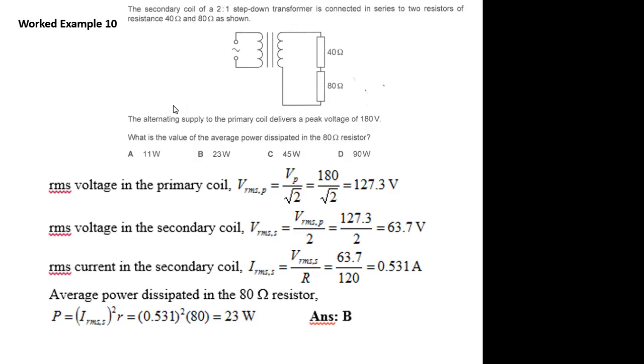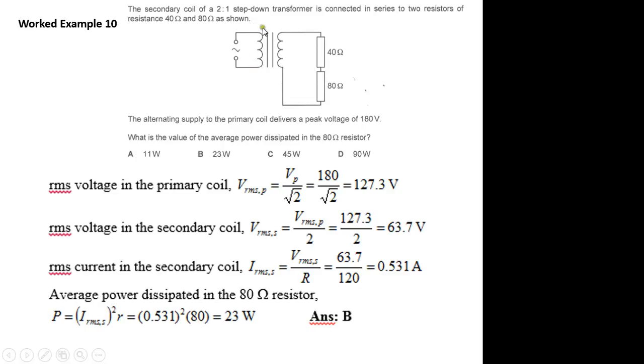They want you to find the average power, but what do they give you? They never give you the root mean square voltage. They give you the peak voltage. Then you're like, oh no, it's a peak voltage. Then how do I convert to RMS? Then you look at this. Can you see this sign? Very, very small. It says that it's a sinusoidal AC, which then allows you to say, okay, if the peak voltage is 180, I can divide by square root 2 to find the root mean square voltage in the primary side. If you didn't do that, the rest of your workings will be gone.